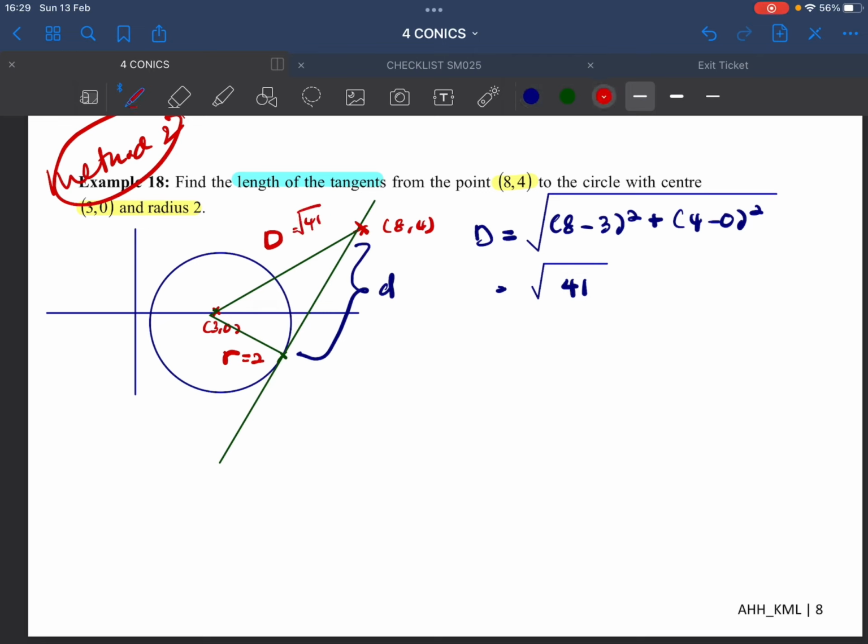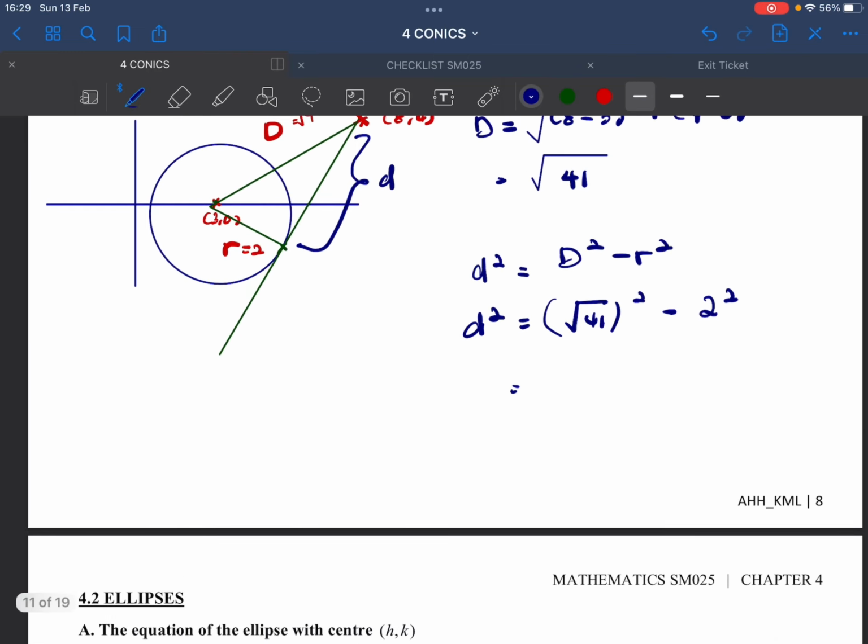To find the length of tangent, we can use the Pythagorean theorem, which is d squared equals capital D squared minus R squared. So we have d squared equals square root 41 squared minus 2 squared, which is 41 minus 4, giving 37.